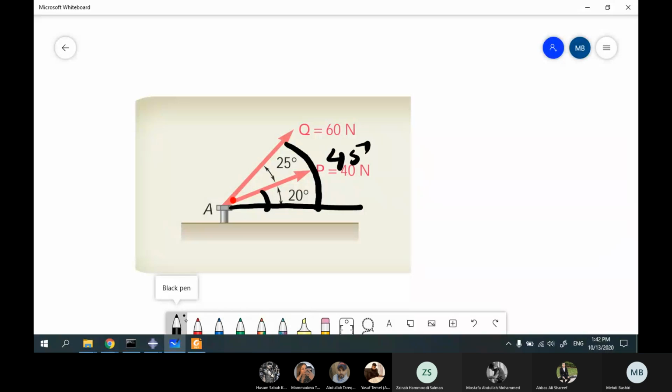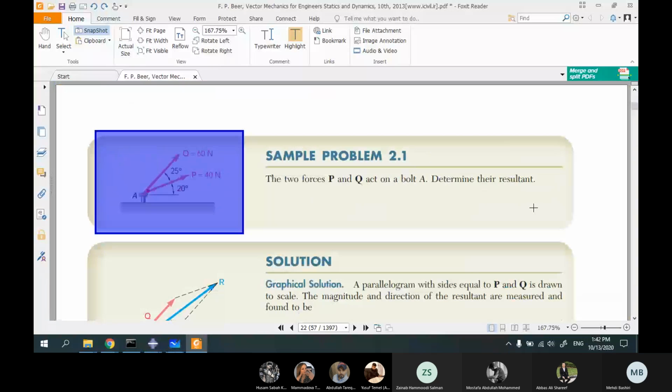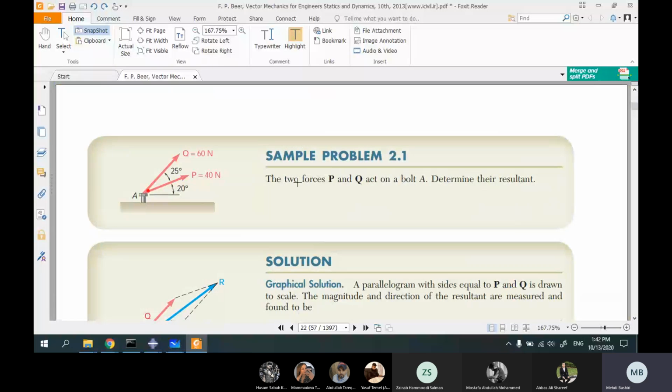Okay, so what is asked? Look here. The two forces P and Q act on a bolt A. Determine the resultant.